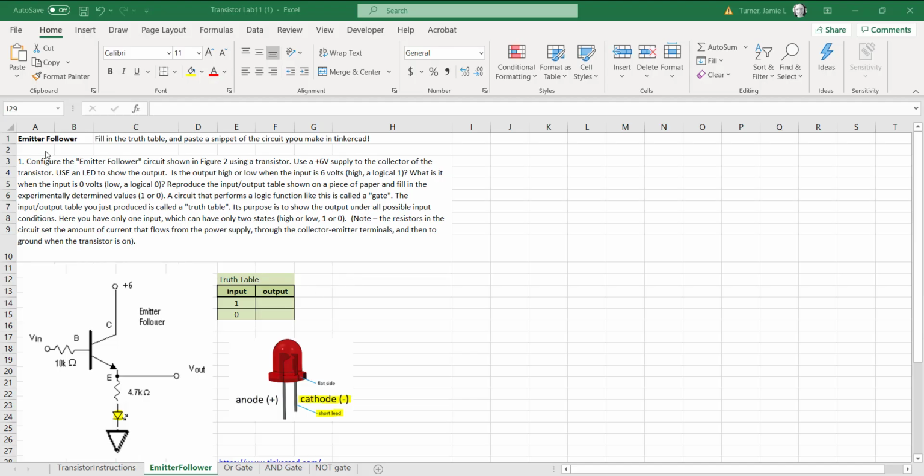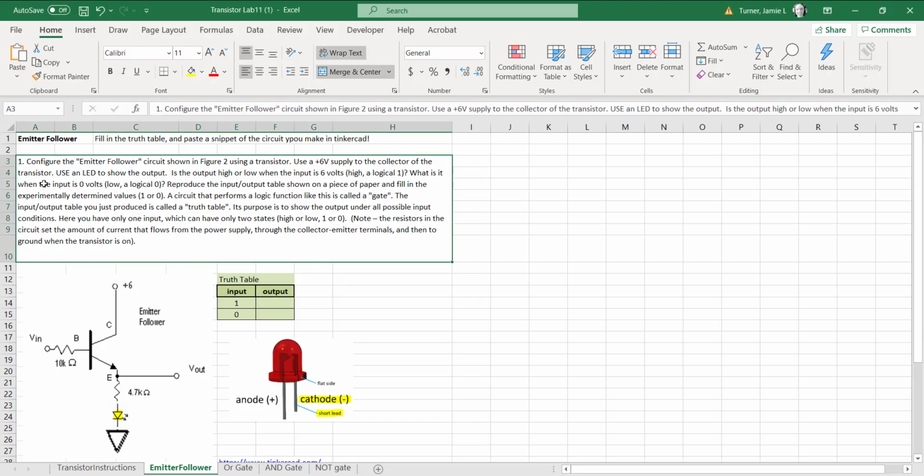Popping over to the lab, there's a description of what emitter follower is. There's a wiring diagram showing we have a positive 6 volts being fed into the collector. We have another voltage coming into the base, and our output is going to be determined by what is coming out of the emitter here.